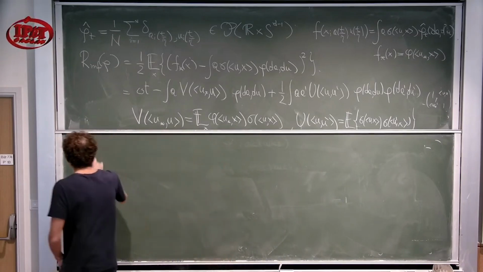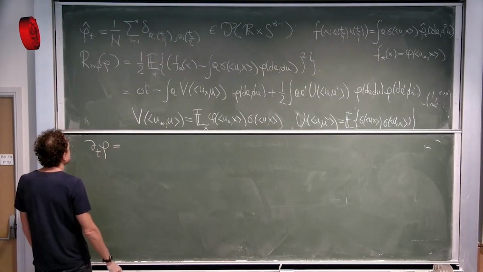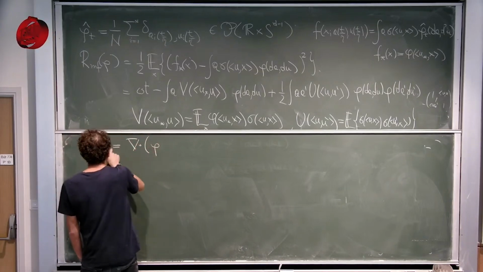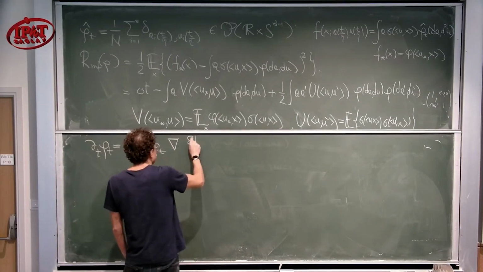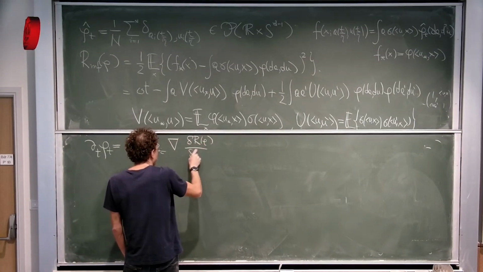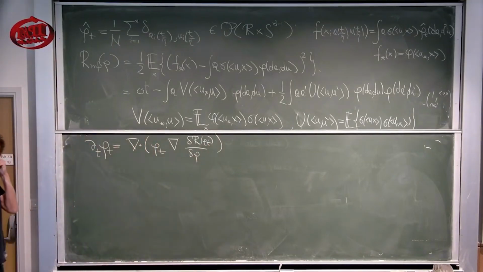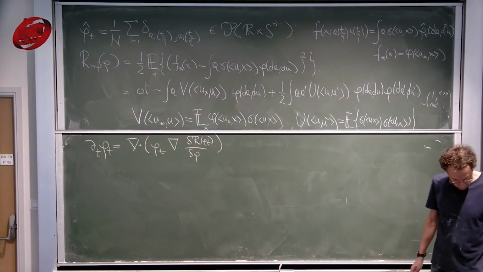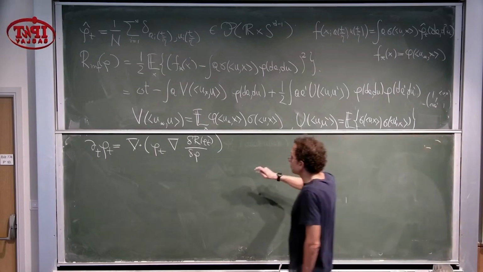So I claim that the solution for rho is of the following form: d_t rho equals the divergence of rho times the gradient of the risk derivative. Then the equation for rho approximately is a PDE. I know it's easy to compute what the gradient is.